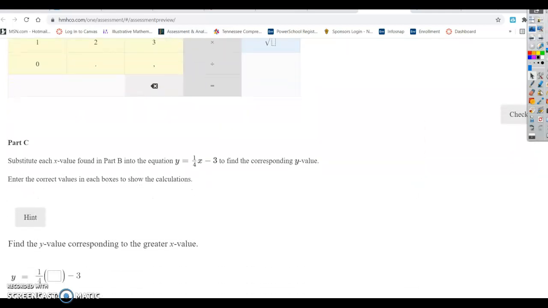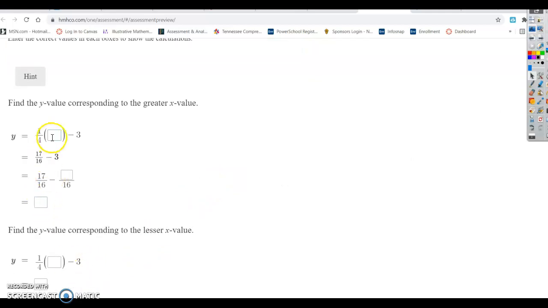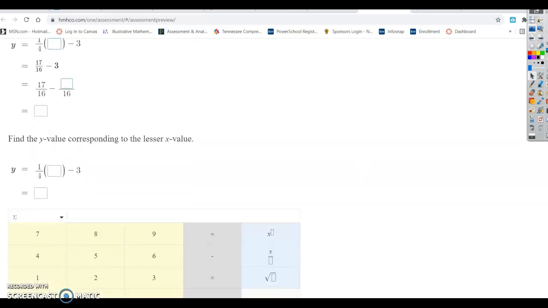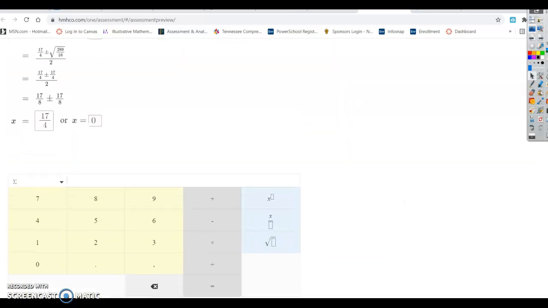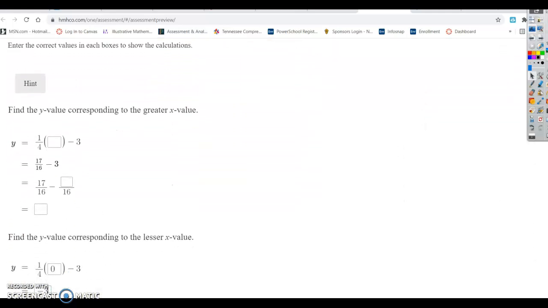So that gives us our 0, negative 3 that we said right off the bat is a solution. Oh, they must have plugged in the other number first. Let's plug in 0 here. Equals negative 3. And in the first equation, it looks like they plugged in the 17/4.